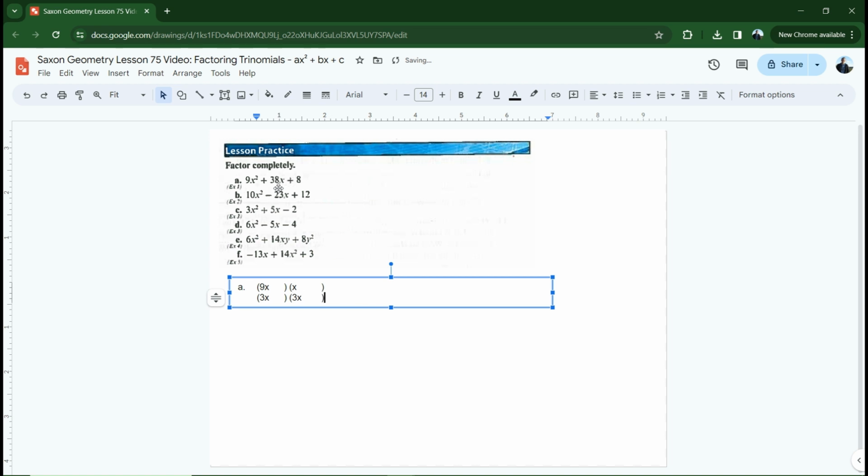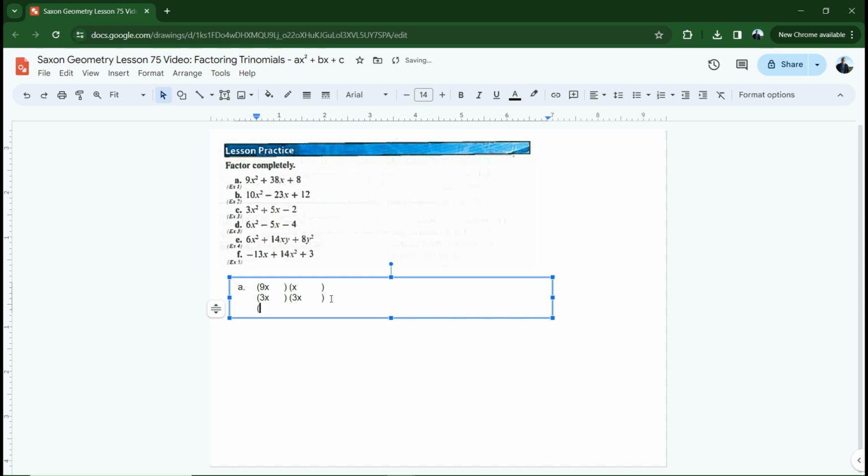So the very first thing I need to do is think about what I could use to multiply together to make this first term. Remember, when I'm FOILing, I'm always going to multiply the first terms together. So whatever I put in front of my factors has to multiply to make 9x squared. So it's going to be 9x times x, 3x times 3x.